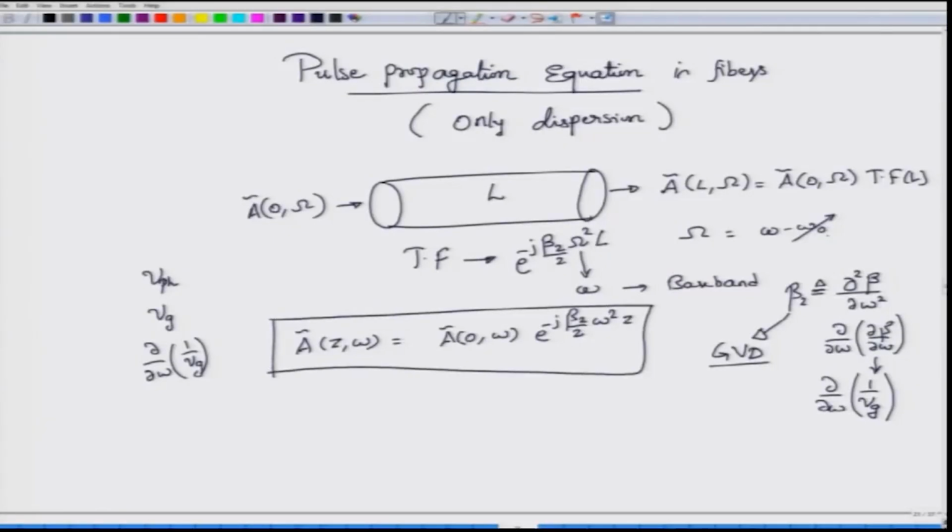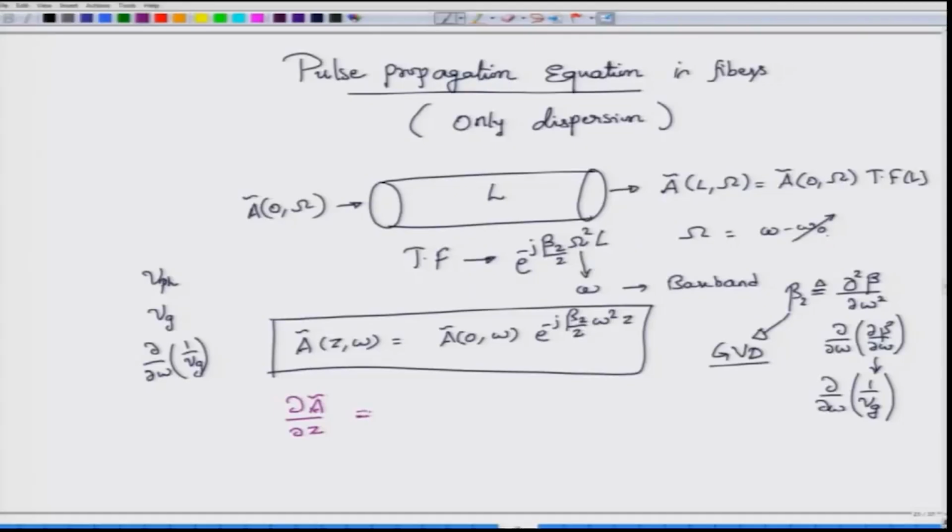So, I know how to obtain the Fourier transform of the pulse which is propagating, and it has propagated a distance z and is subjected to dispersion beta 2. Therefore, this is how the Fourier transform would look like. Now, what if I differentiate this with respect to z?